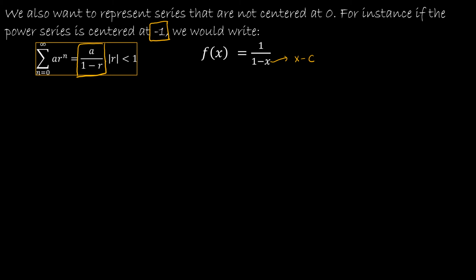So that tells me that I have my function f of x is equal to 1 over, and I'm going to leave some extra space on purpose, 1 minus x. And what I want to do is replace x with x minus c. Now c is -1, so this is x minus -1, which is the same as x plus 1.